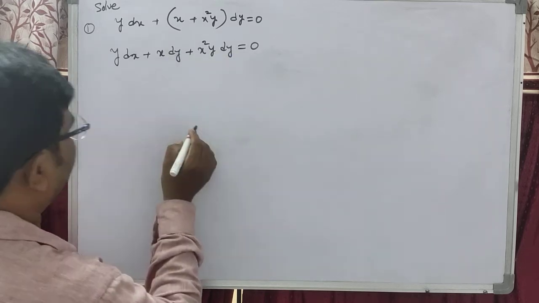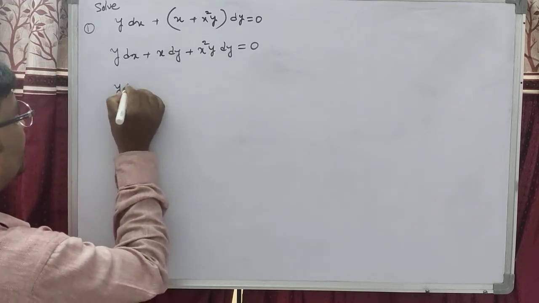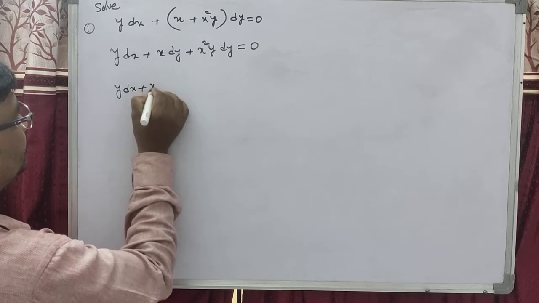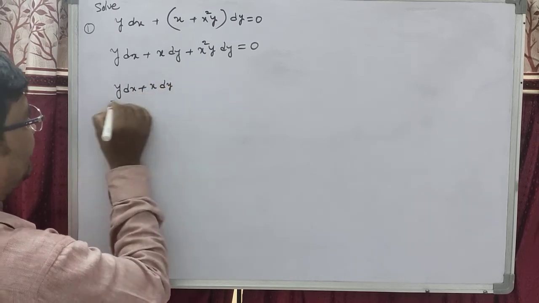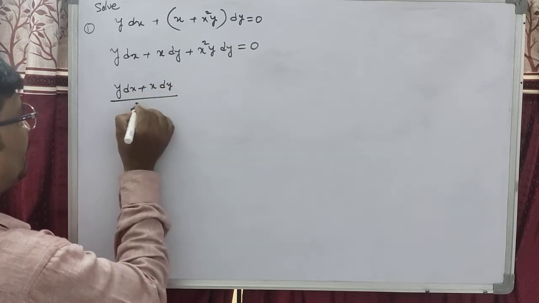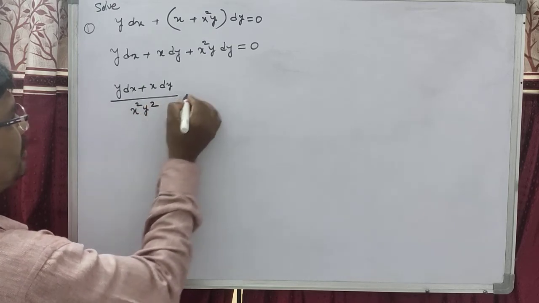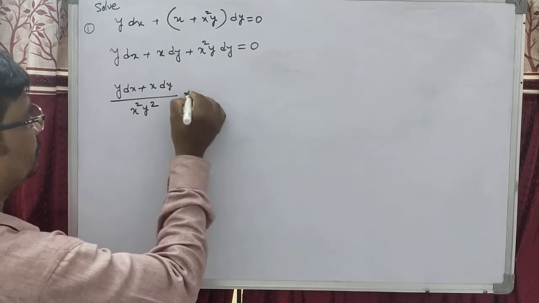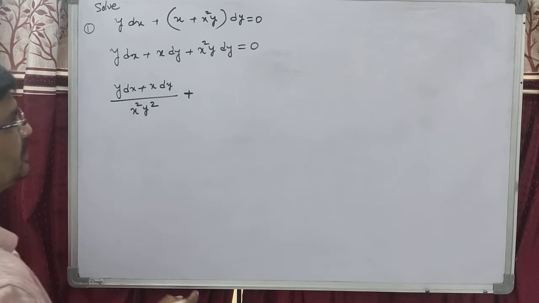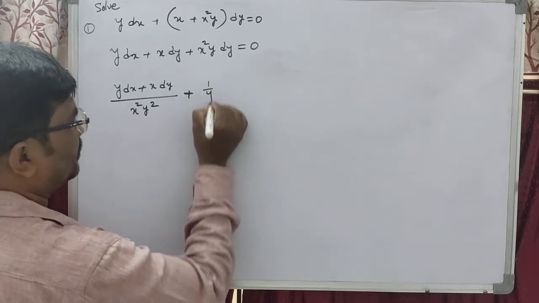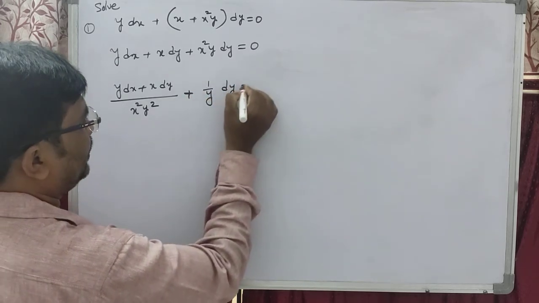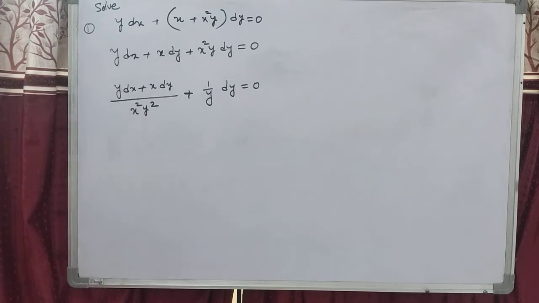Therefore, this can be written as y dx plus x dy, divided by x square y square on both sides. So x square cancels, then it will come y dy equal to 0. Do you understand, students? This is the way.